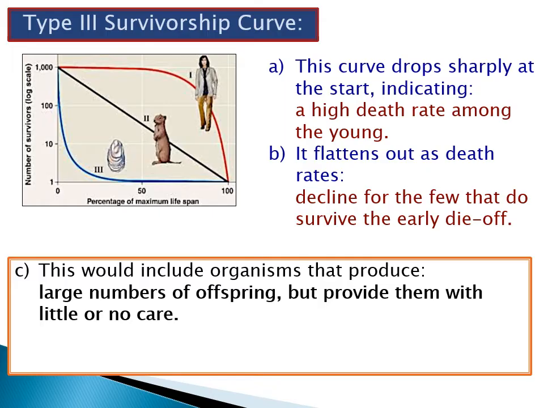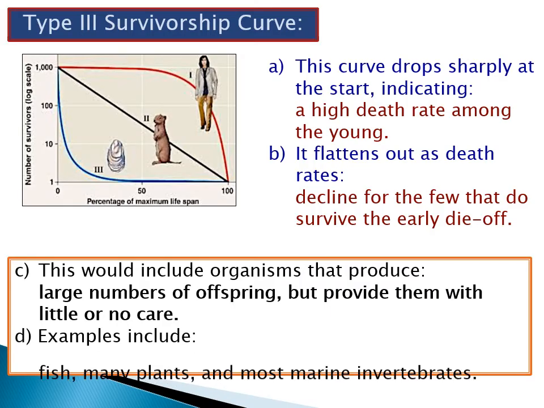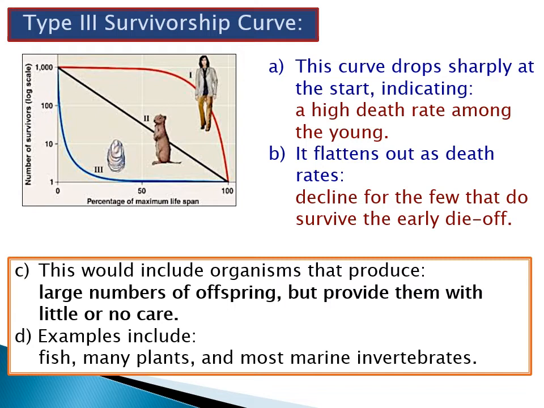They're a prey item, they're eaten in very large numbers, but if they make it to adulthood, they have a good chance of making it to a point where they can reproduce themselves. So examples are fish, many plants, and most marine invertebrates. Invertebrates are things without vertebrae, so think of lobsters and crabs.